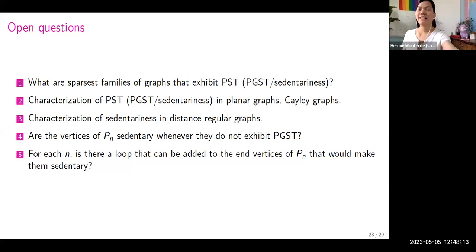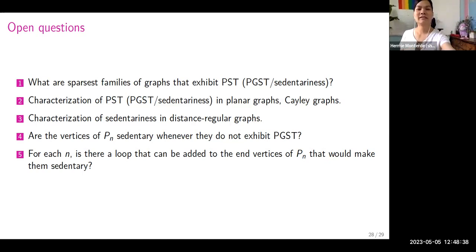For instance, the hypercubes are really famous. The hypercubes exhibit PST for any hypercube. And the physicists love them because they're very sparse. Now the question is, can we find more sparse graphs than the hypercubes? That question is not answered yet until now.